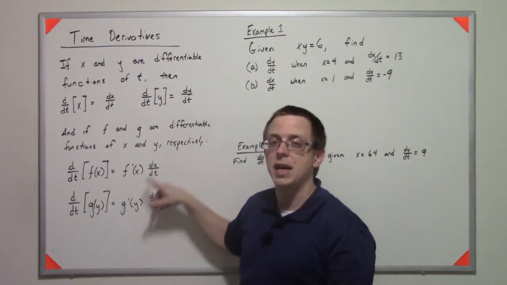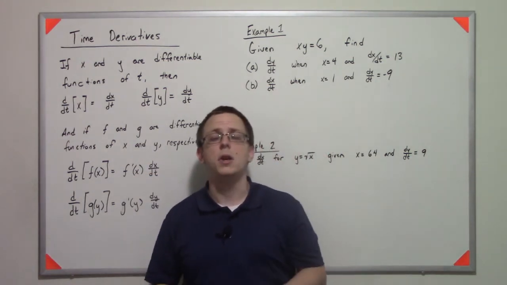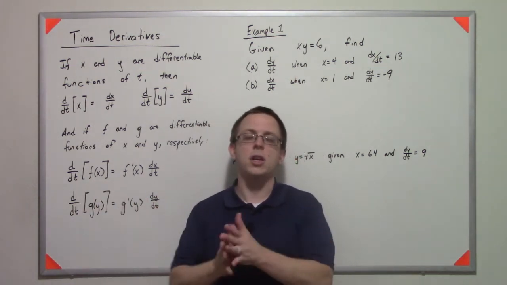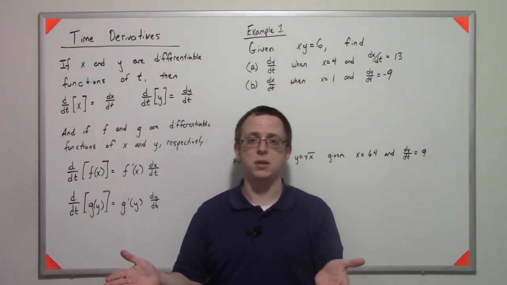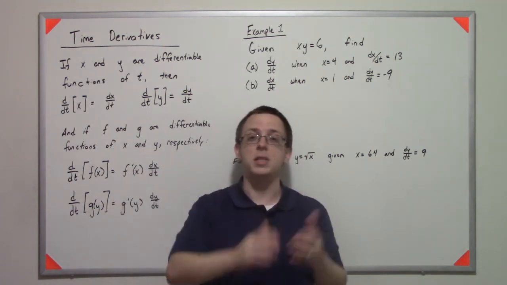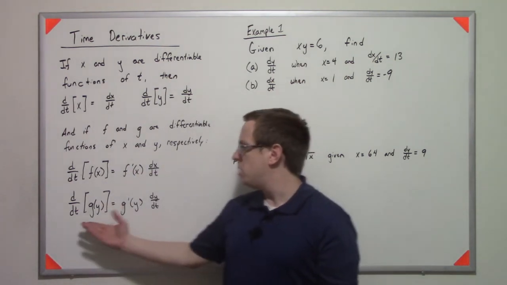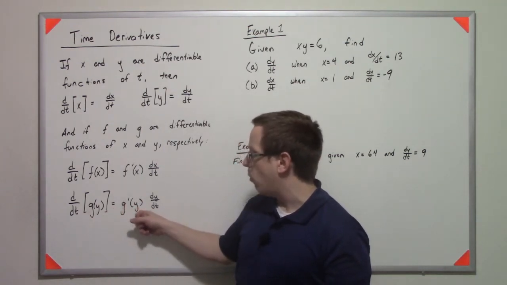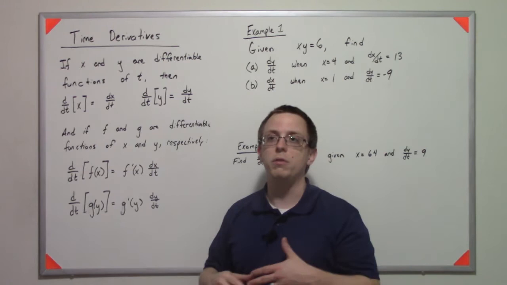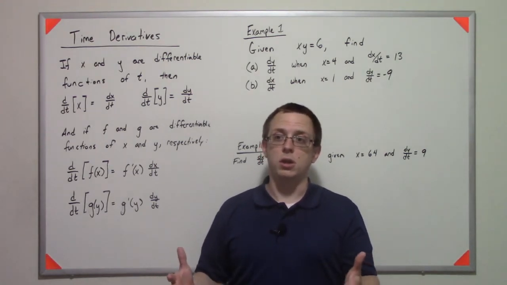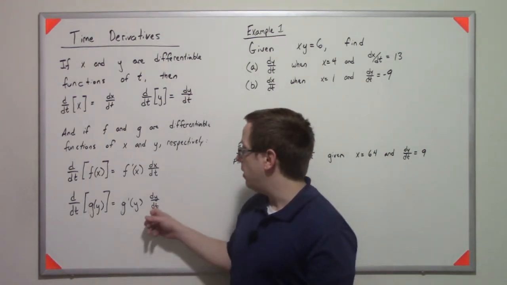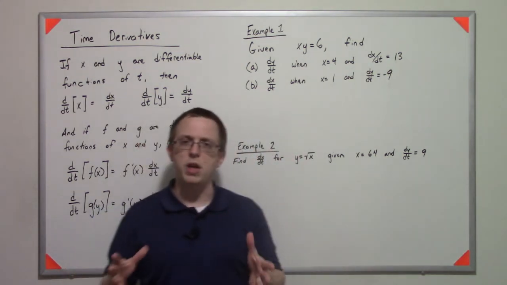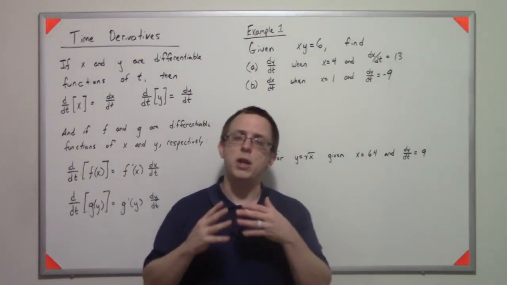So you end up with this dx/dt. In practice, you take the derivative of x just like you're taking it with respect to x, but then you slap on a dx/dt at the end. Similarly, if I have a function of y, I take the derivative as if it were just a function of y, and then I put dy/dt on the end.